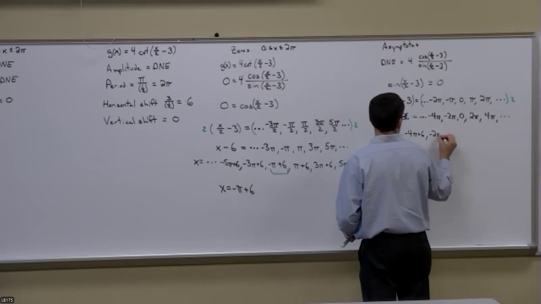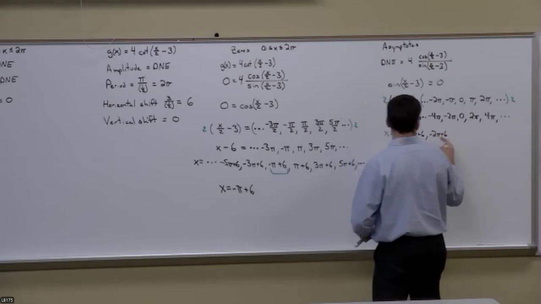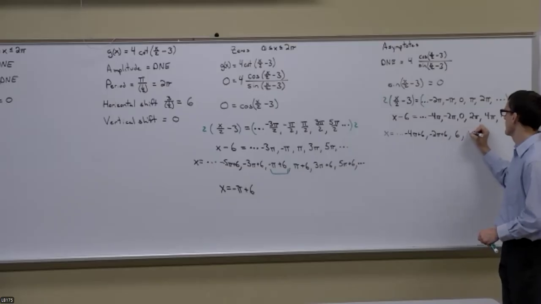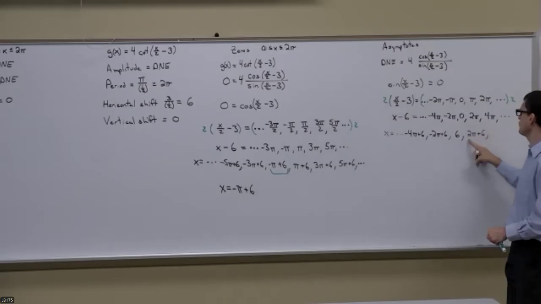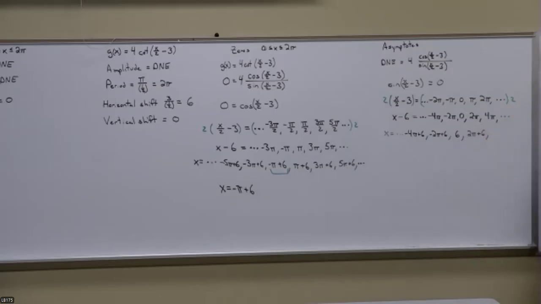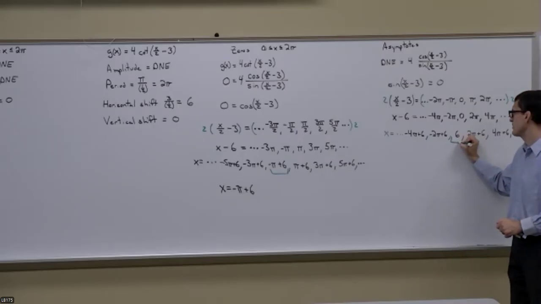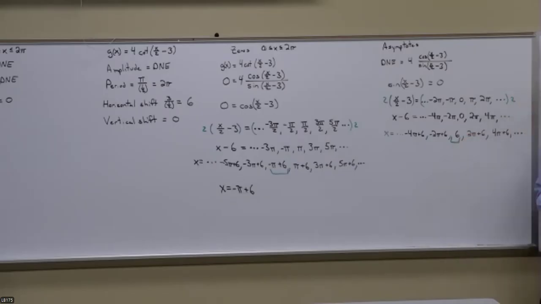By the way, negative 2 pi plus 6 is negative. 2 pi plus 6 is above 2 pi. So the only number that is actually between 0 and 2 pi is just the number 6.